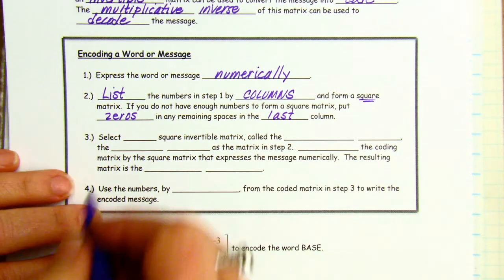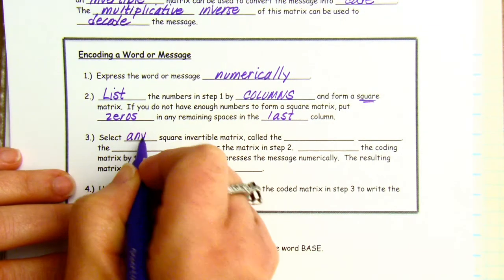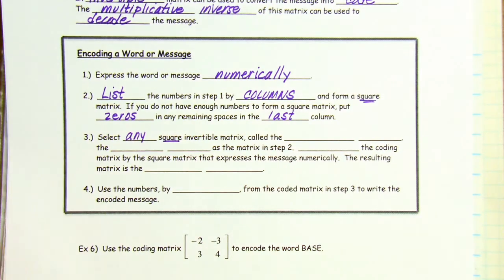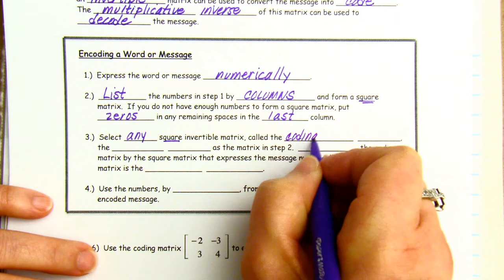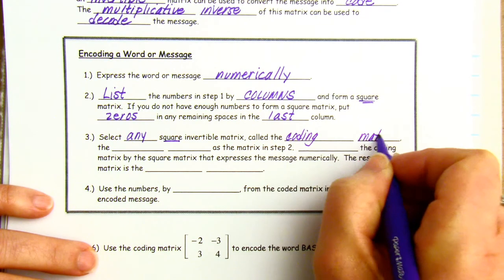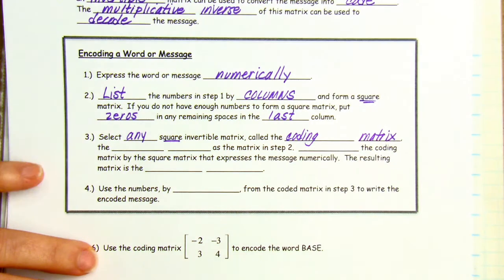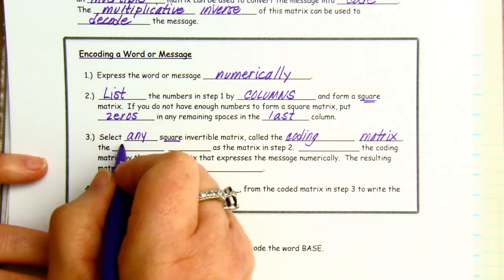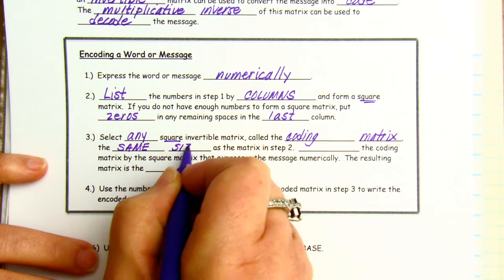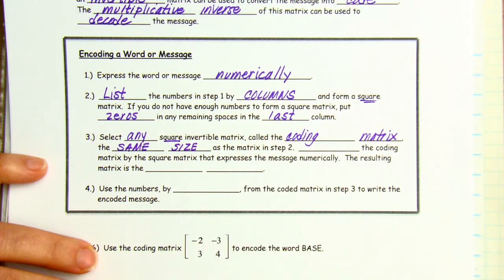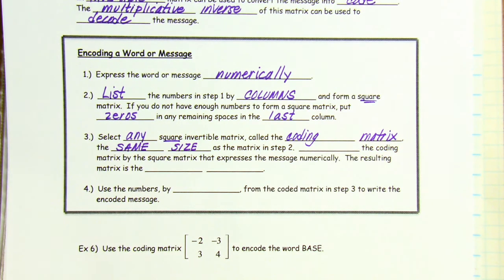Then we're going to select any square invertible matrix called the coding matrix. It has to be the same size as the matrix in step 2. So if our numeric matrix is a 3 by 3, you need a coding matrix that is also a 3 by 3.